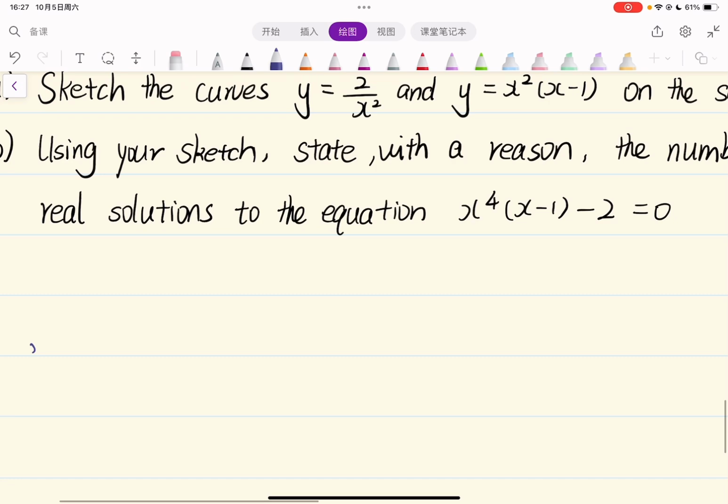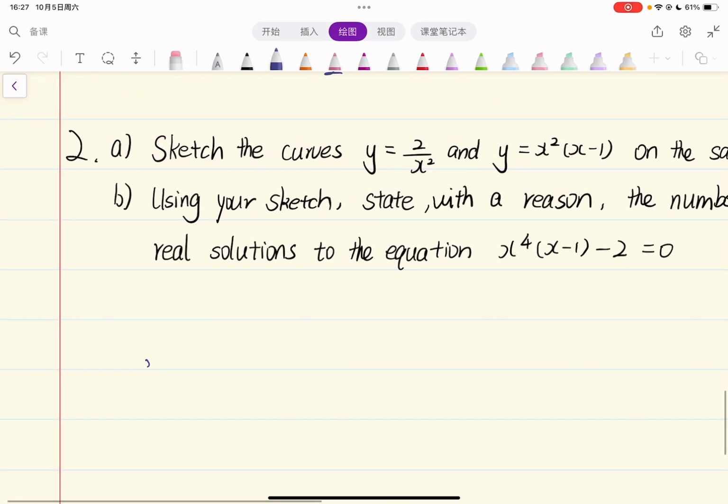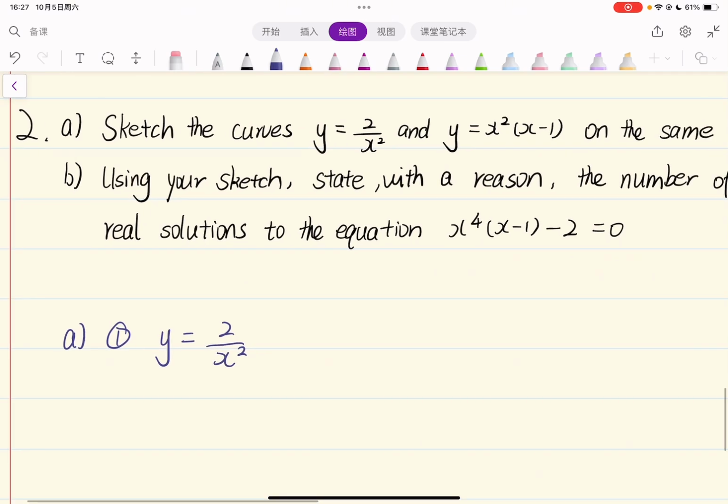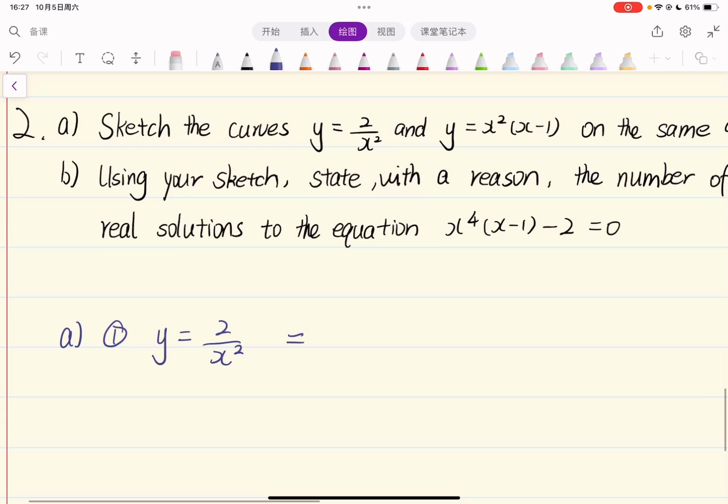So for part A, we do it in a similar way to question 1. For the first equation, y equals 2 over x squared, we know that y equals k over x squared with k greater than 0.